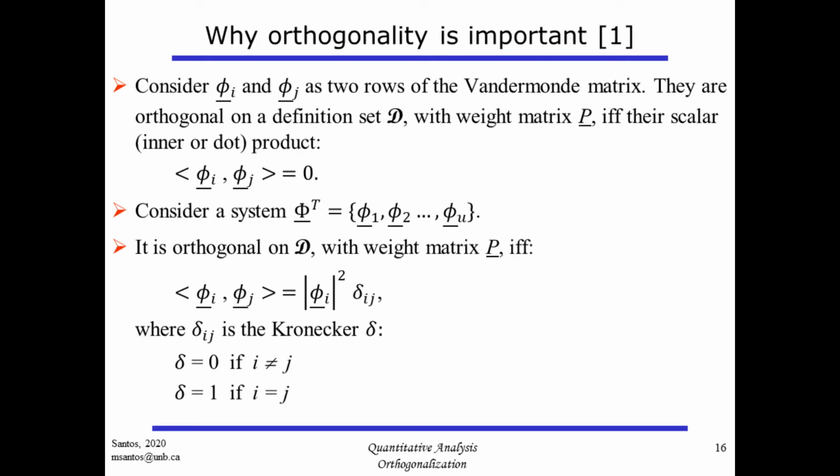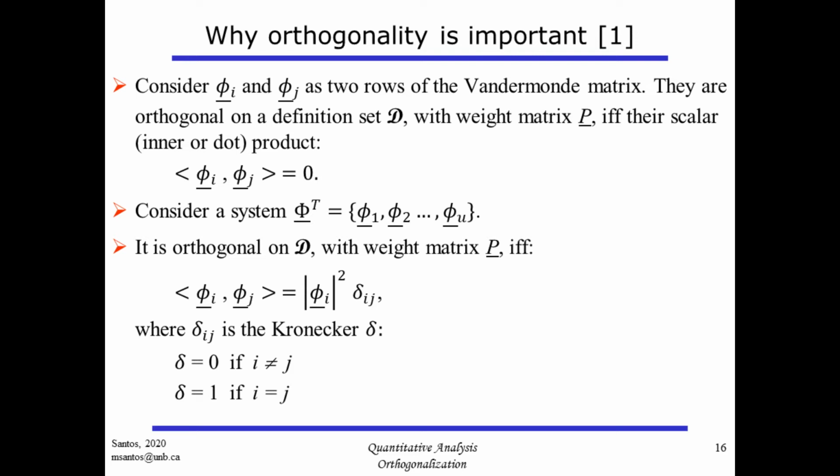Why is orthogonality important? Consider these two vectors. They are actually row vectors, and they are rows of the Vandermonde matrix. They are orthogonal on the definition set with a weight matrix P if and only if their scalar product equals 0. Now let's consider the transpose of a Vandermonde matrix.